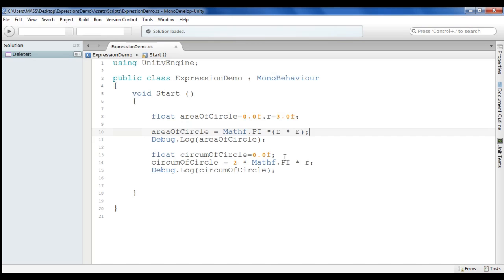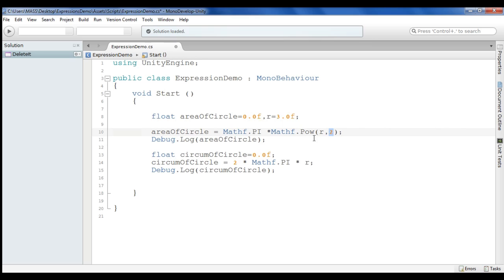That is good. And also, to write r square, r into r, what we can do is use Mathf again, with a function called Pow, for power. The power function takes two values, r comma 2. Now this is r square, r raised to the power of 2.